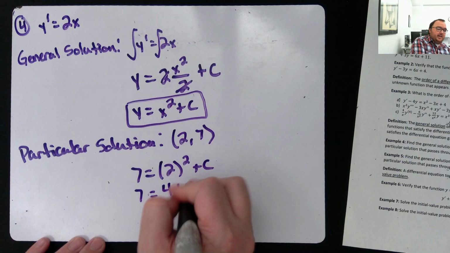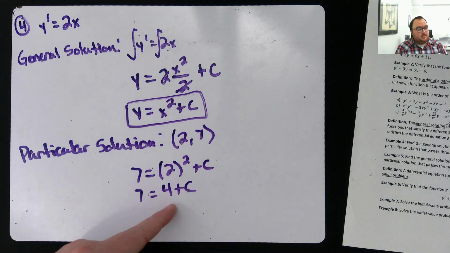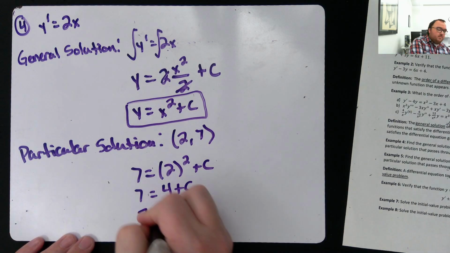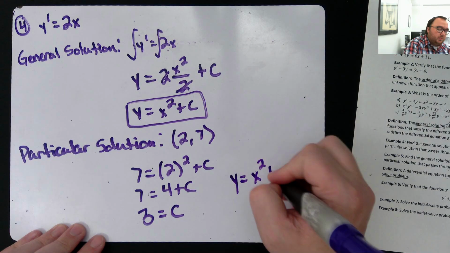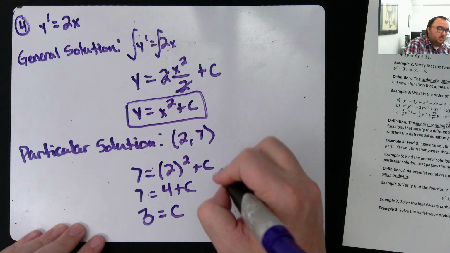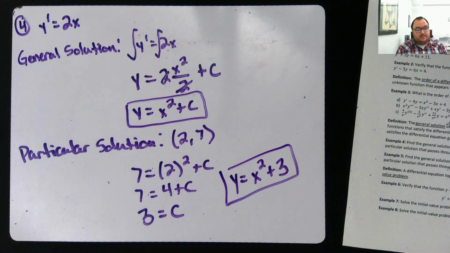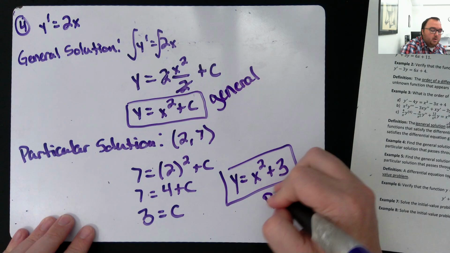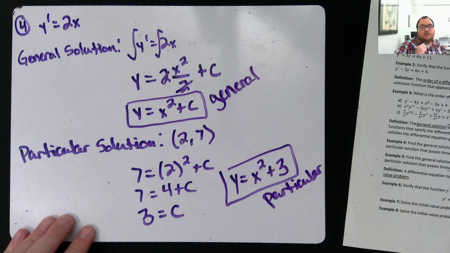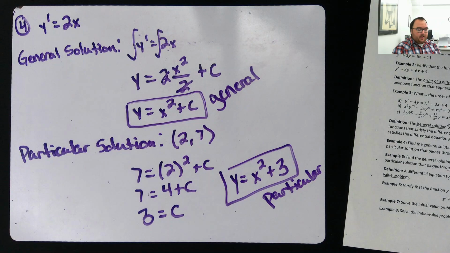So to solve it for the c, subtract 4. Subtract 4, and you get 3. So the particular one is y equals x squared plus 3. That's my particular. This is the general solution. This is the particular for that point. Once again, it just means solving it for c.